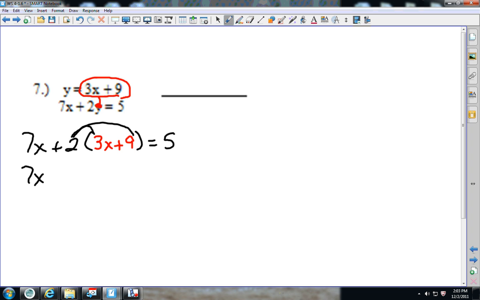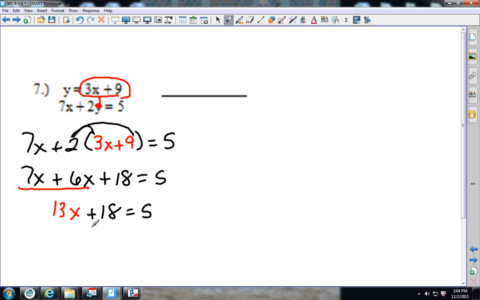Distributive property. 2 times 3 is 6x. 2 times 9 is 18. This right here, this is 13x plus 18 equals 5. Subtract 18 from each side. 13x equals negative 13. Divide by 13.